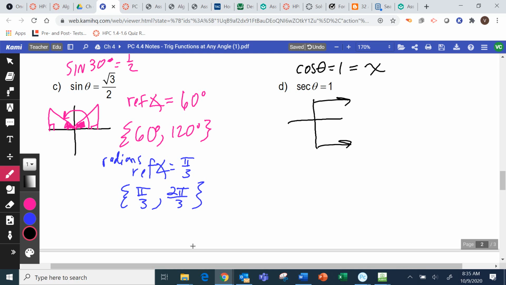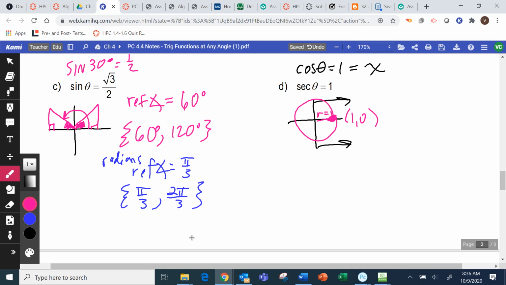And there's only one place on the unit circle where x can be 1, and that's right on the x-axis itself. Because if it's the unit circle, the radius is also 1. So it's the only place that it could possibly happen.